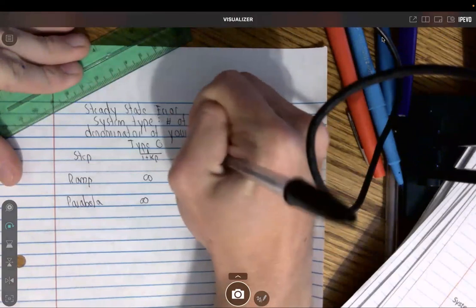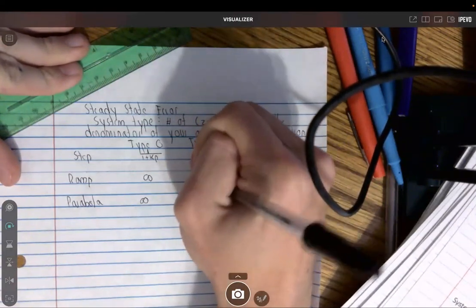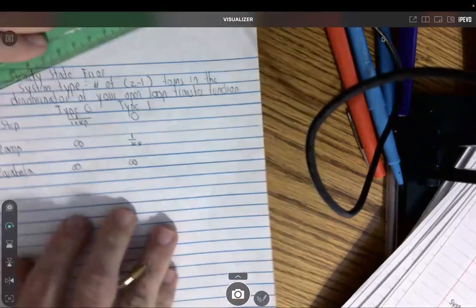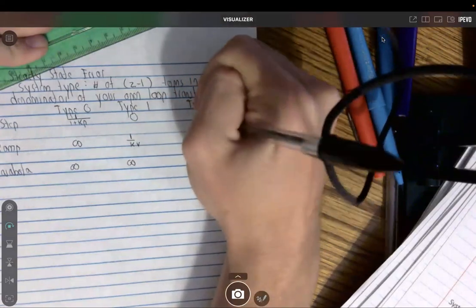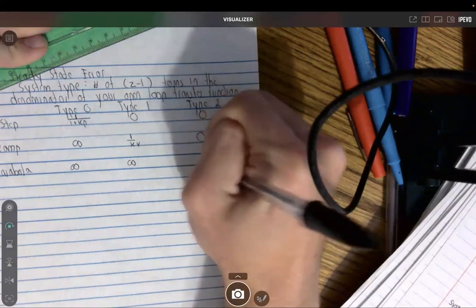For a type 1 system, you have 0 steady state error for a step, 1 over Kv for a ramp, and infinite error for a parabola. For a type 2 system, you have 0, 0, and then 1 over Ka.